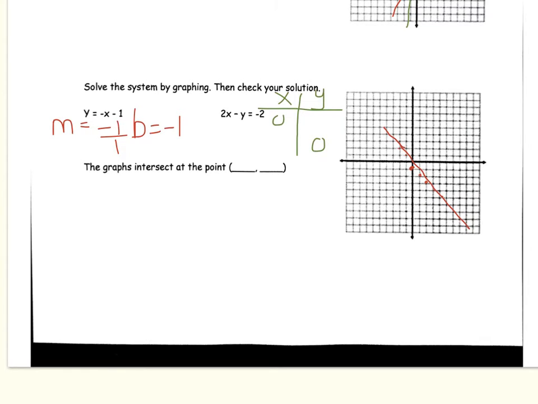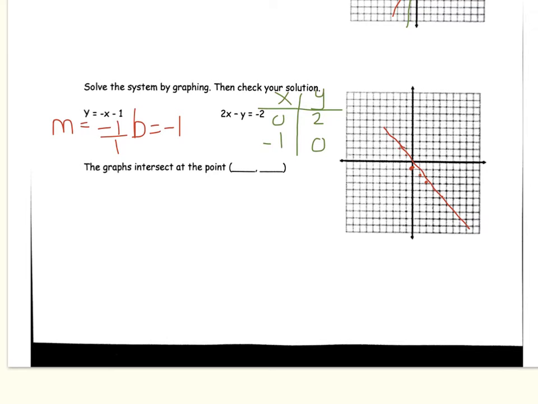If I put in 0 for x, I will get 2 for y because the x will go away and I will have negative y equals negative 2. Well, if negative y equals negative 2, y will equal positive 2. If I put in 0 for y, 2x equals negative 2, and x will equal negative 1.